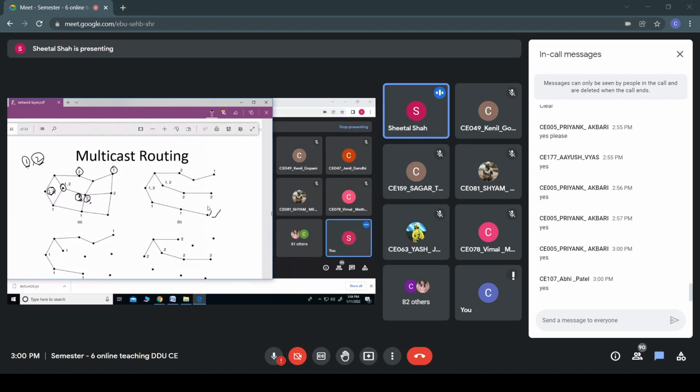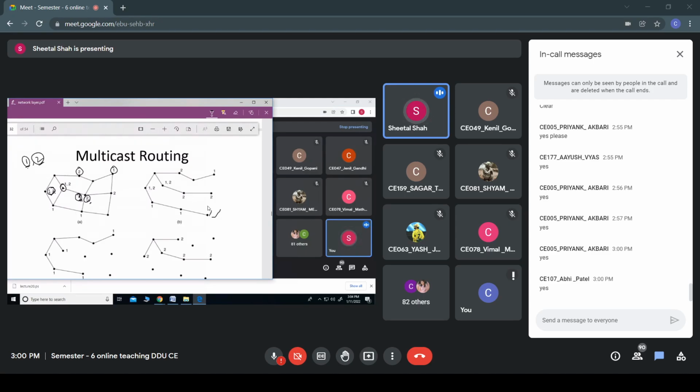For this, the spanning tree of this routing has to be done. So you can see that this is the given spanning tree. Now, suppose we want a spanning tree of only group 1. So what we have to do?